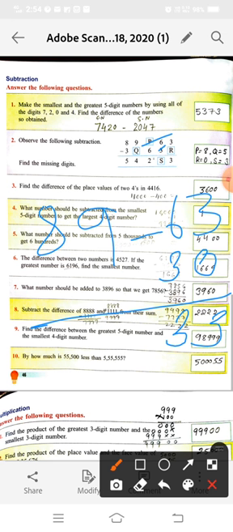Here the smaller number is 6 and the difference is 2. So when we add 6 plus 2 it will come 8. Okay, P is equal to 8. So 8 minus 6 is equal to 2.